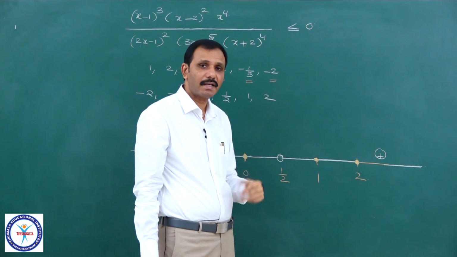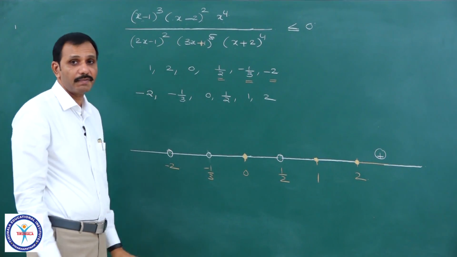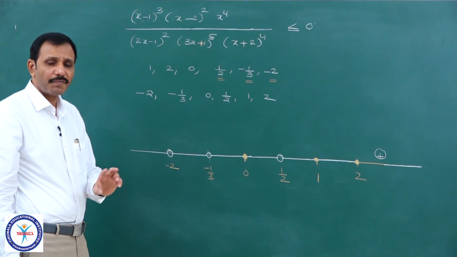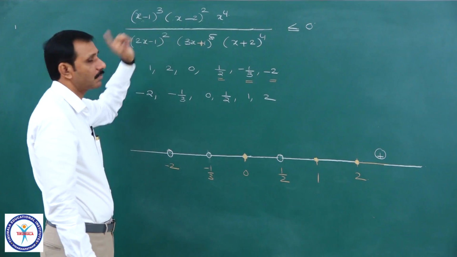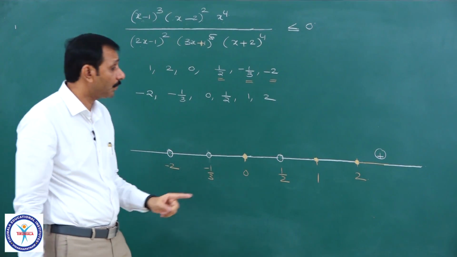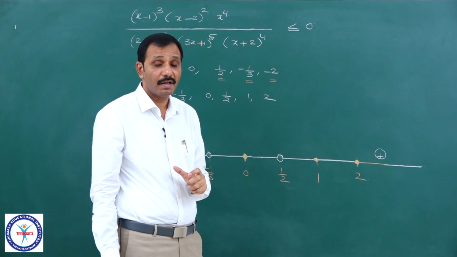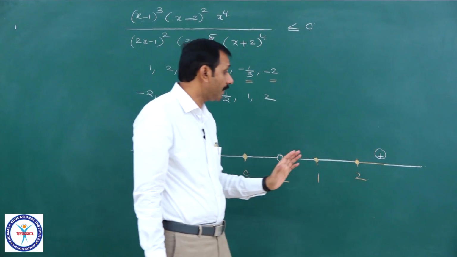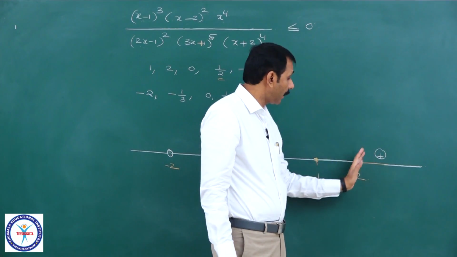Less than means less than, greater than means greater than, less than or equal to means less than or equal to only. But of course, if you want to keep it as it is, yes, it may be (1 minus x) whole cube, but in that case you need to check the sign of the expression of the form f of x by g of x at the rightmost value, greater than the rightmost zero.